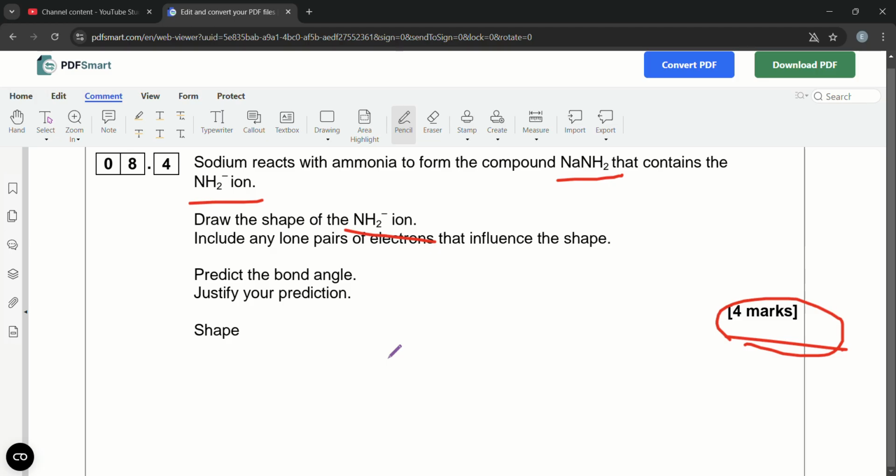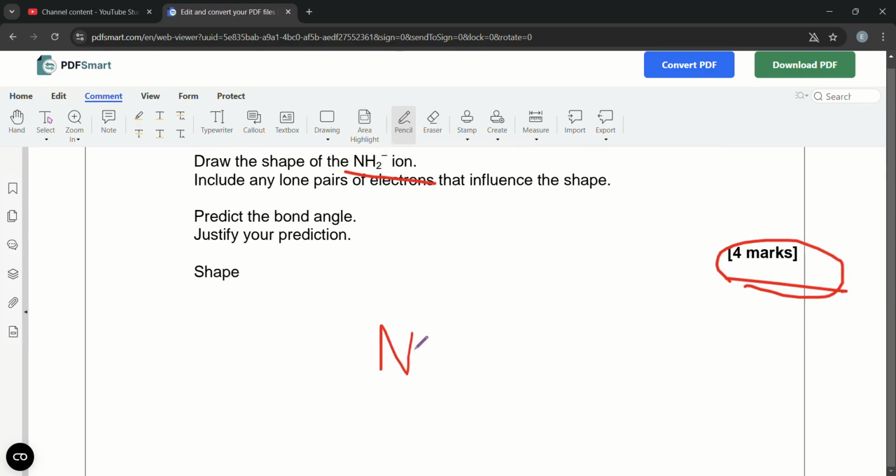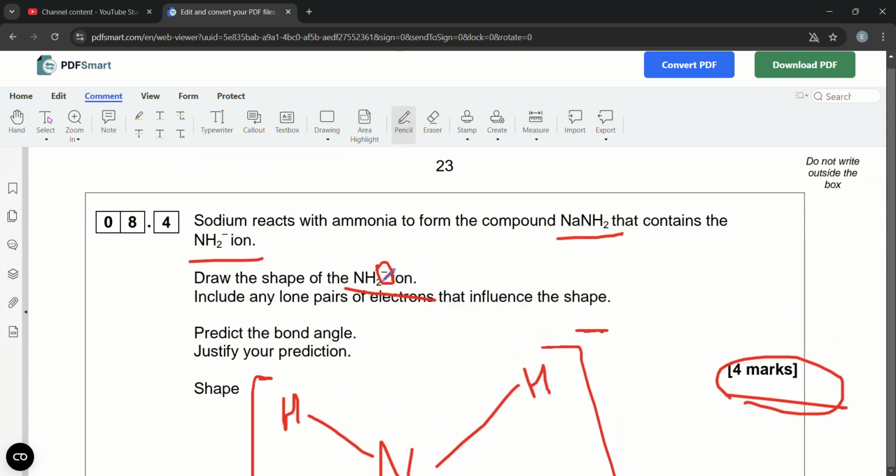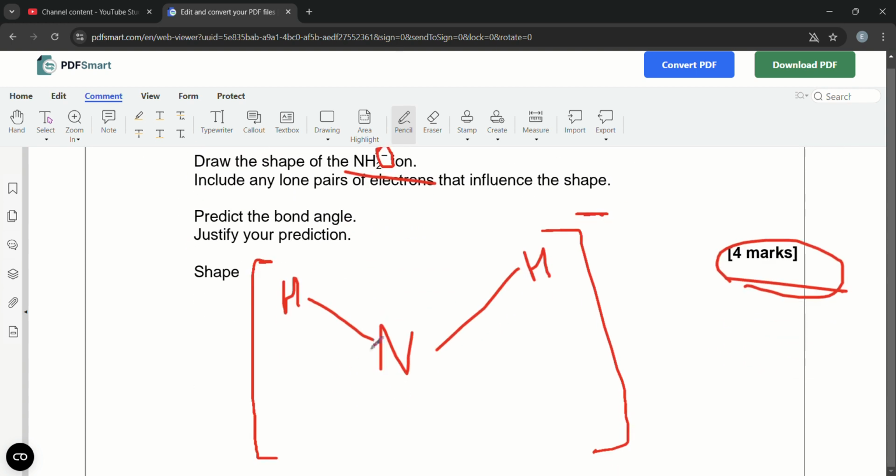So, NH2 minus ion, so it's going to be NH2, and because it's a negative charge, I have square brackets around it and a negative charge here. Now, is it going to have lone pairs of electrons? That's the question.